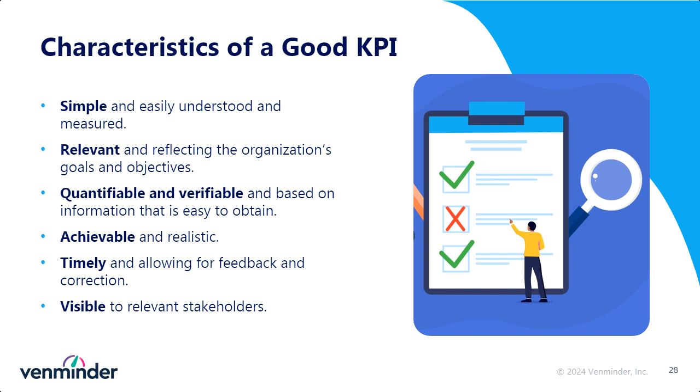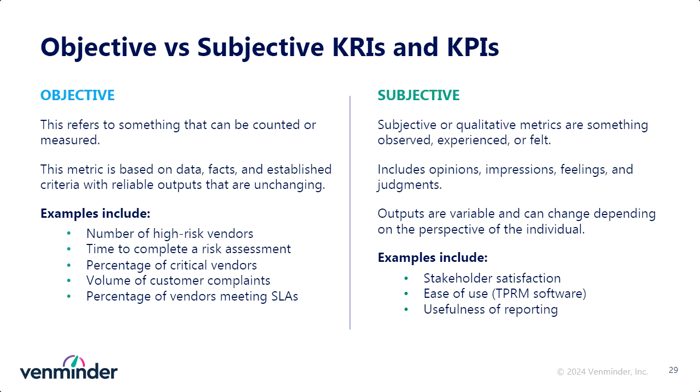I've mentioned this throughout the last few slides, but just again to identify the difference, there are objective and subjective KRIs and KPIs. Objective ones, of course, refer to something that can be counted and measured. Some examples are number of high-risk vendors, time to complete a risk assessment, percentage of critical vendors, volume of customer complaints.